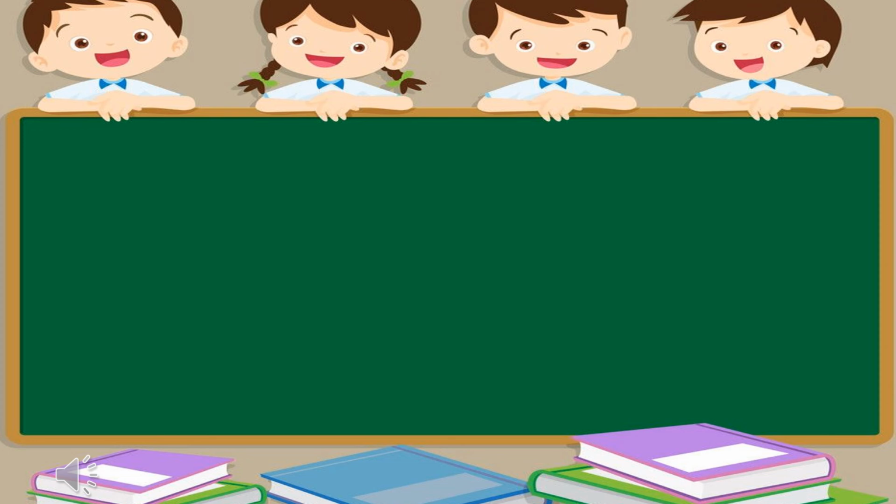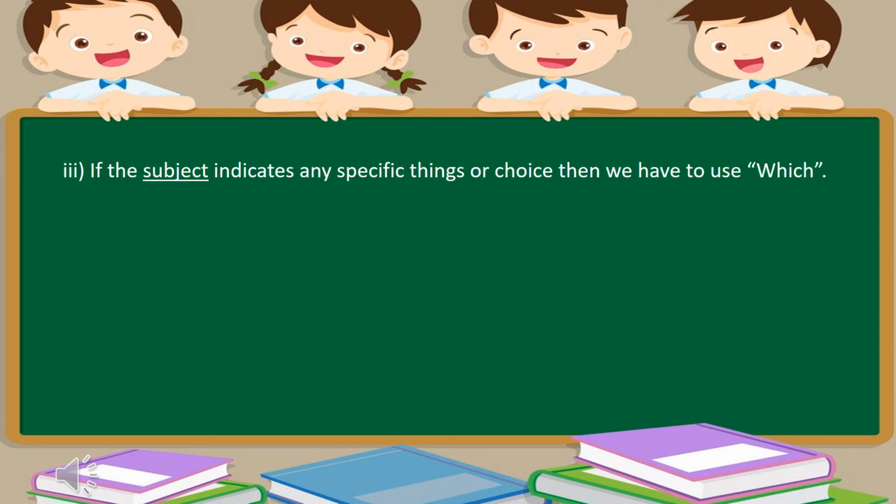Now we will know when to use which. If the subject indicates any specific things or choice, then we have to use which, and the structure is which plus noun plus verb plus extension or the rest of the sentence plus question mark. Here is an example.